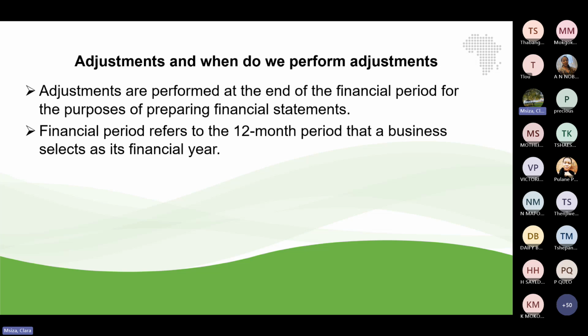Some can start on the 1st of June and end on the 31st of May the following year. So every time you see a scenario, check what the financial period of the business is. Financial period doesn't mean January to December. Every company decides when it wants to start its financial year, as long as that period equals 12 months.